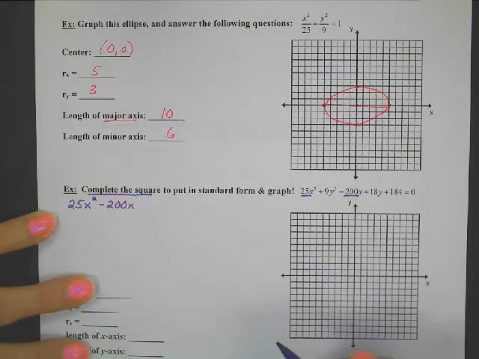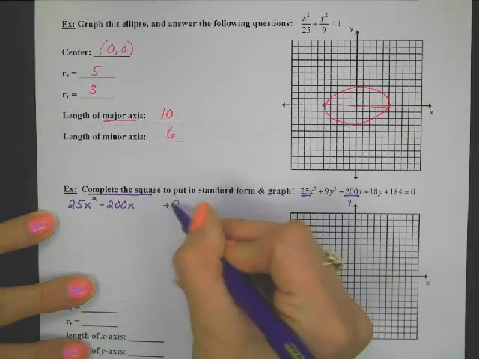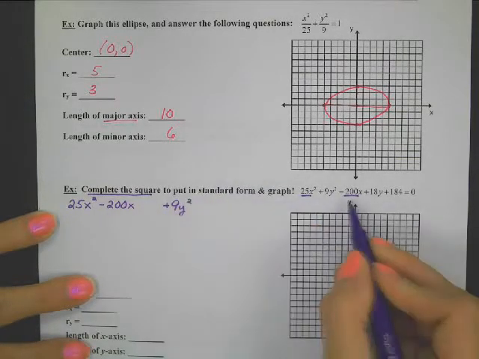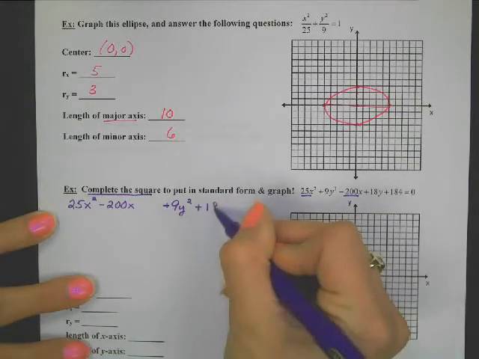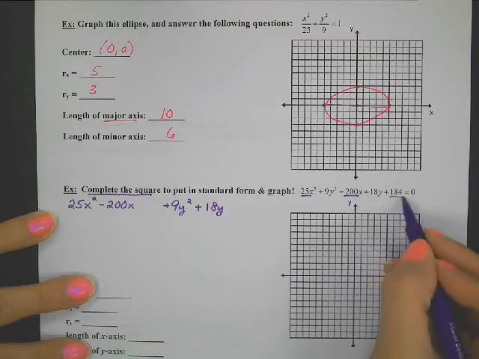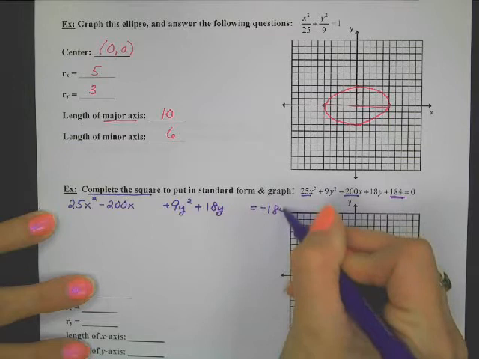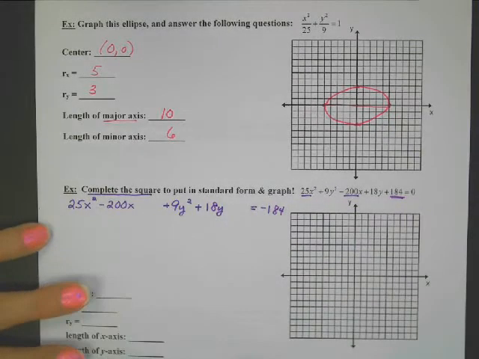Okay, so there's all the x terms. How about the y terms? We have a positive 9y squared and a positive 18y. And I think I'm going to put this constant number to the right. So equals negative 184.